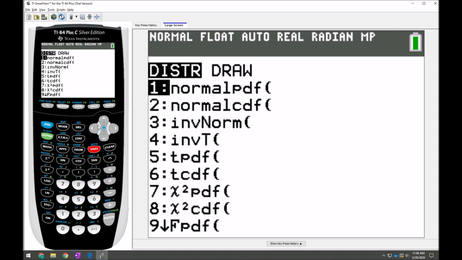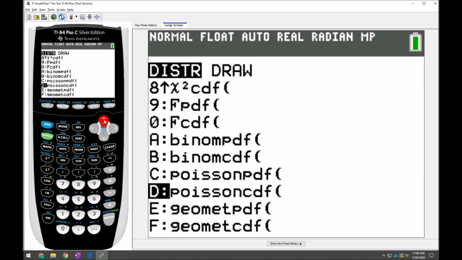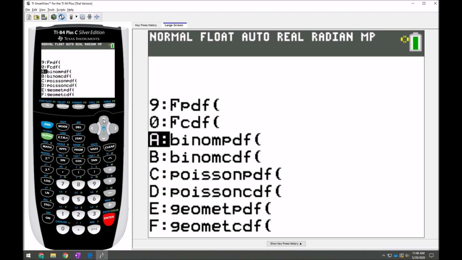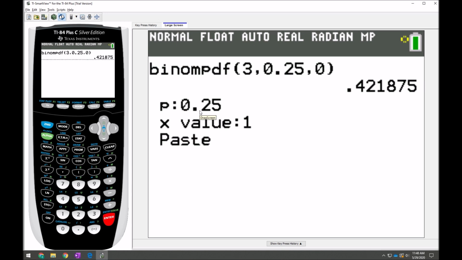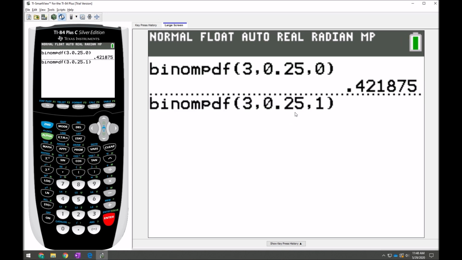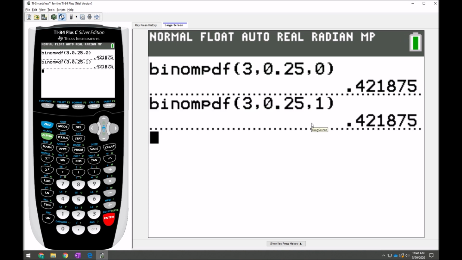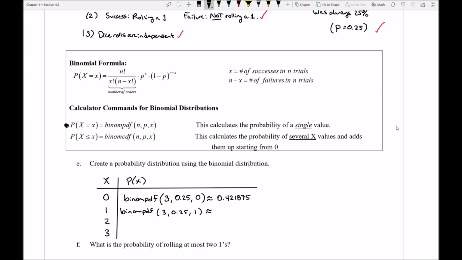I can click second vars, find that binom PDF, click it, and change my value. Once I do that, notice it's changed here to a value of 1, and when I click enter, there's my next value, 0.421875.